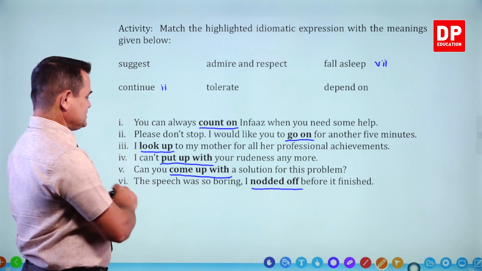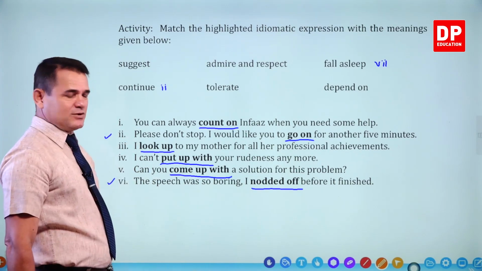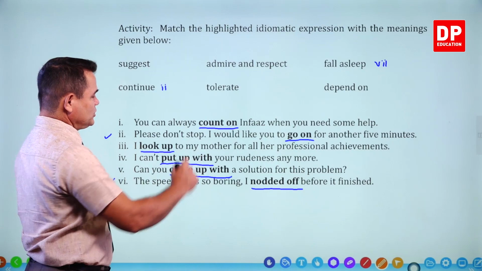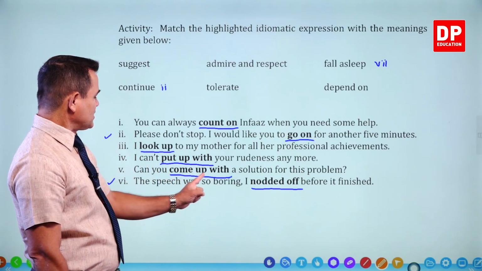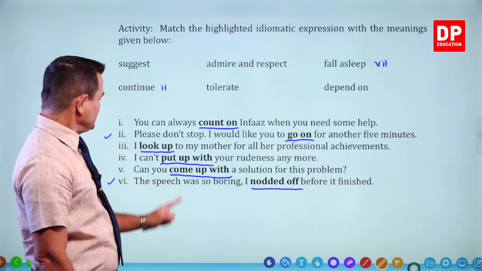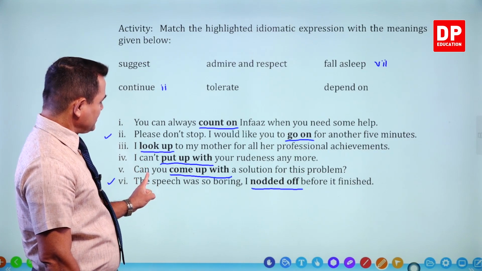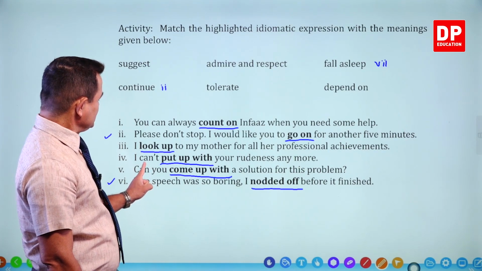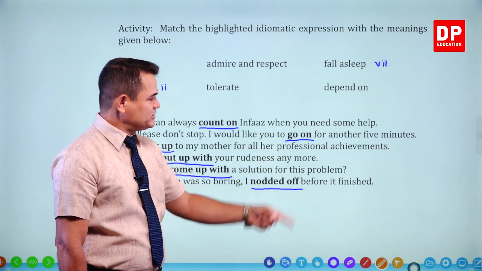So this is all right. Now we found these two. What remains is count on, look up, put up with, come up with. Another very easy one is there. I look up to my mother for all her professional achievements.